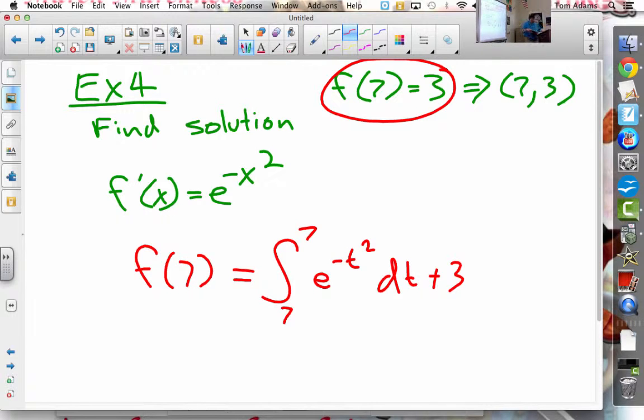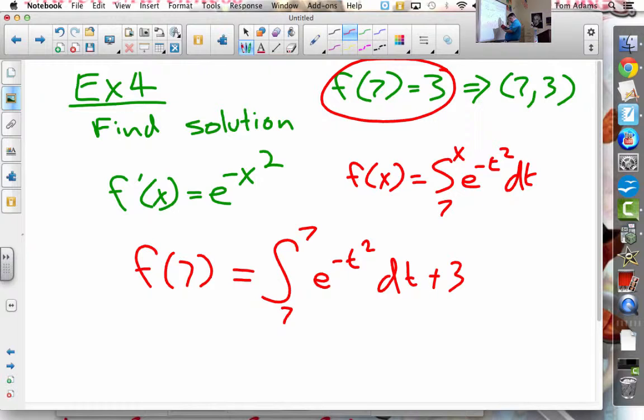And so another thing that we want to consider, and I kind of skipped over this, it almost seems too simple, because really f of x, the integral from 7 to some value x of e to the negative t squared dt, has to be plus 3 as well.